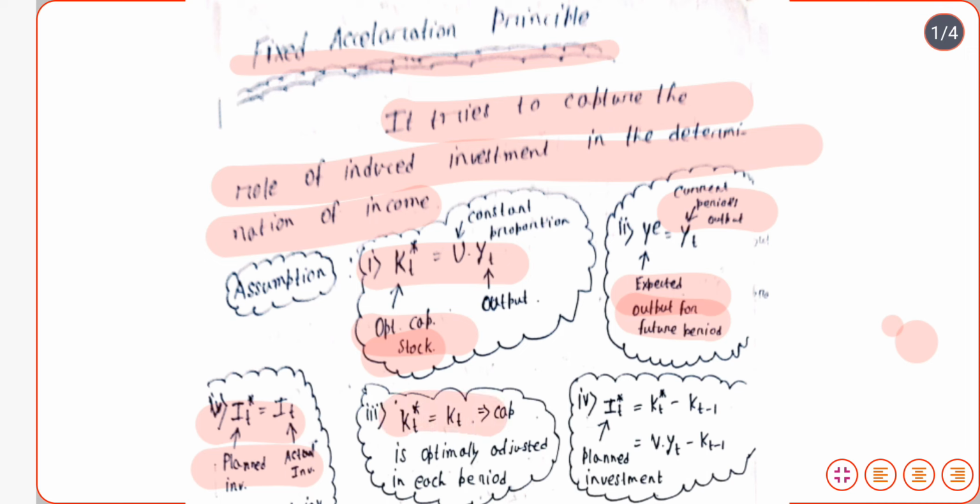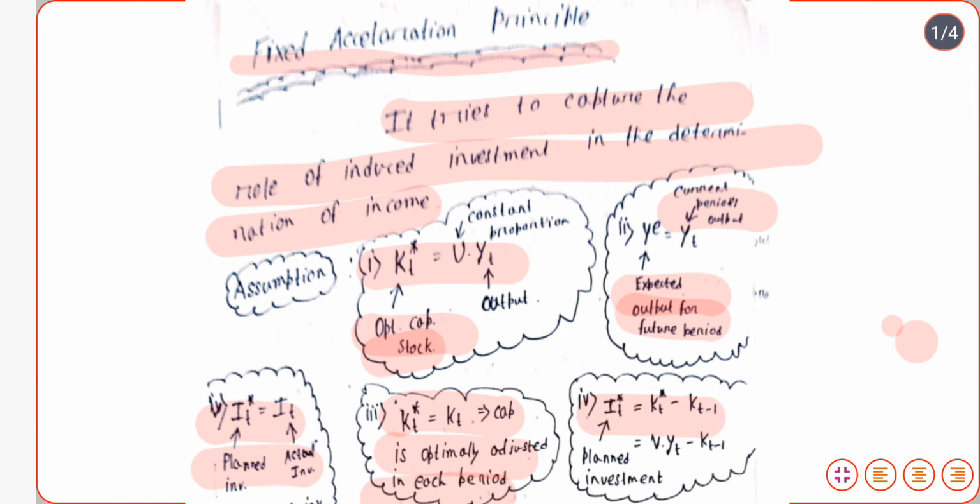Kt star is equal to kt. That means the capital is optimally adjusted in each period. In all of the periods, the capital stocks are equal. And the sixth assumption, the last assumption, tells that it star is equal to kt star minus kt minus 1.